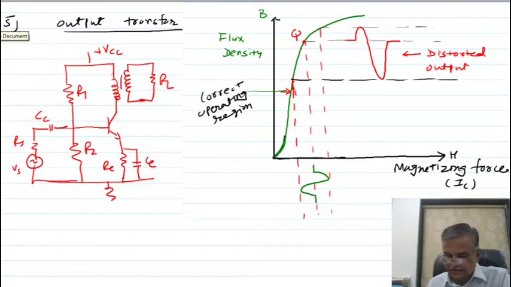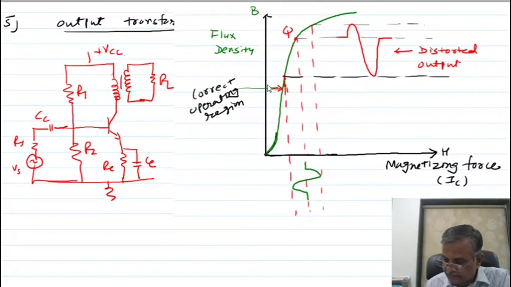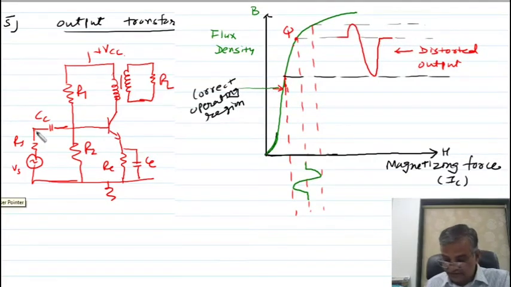Whatever flux is here, that flux is at this point. This is this much amount of flux associated with the primary.